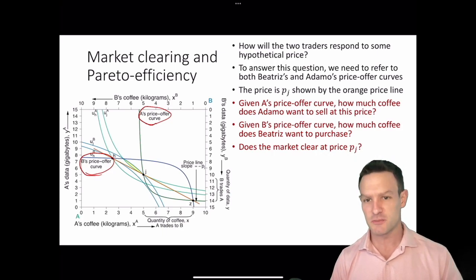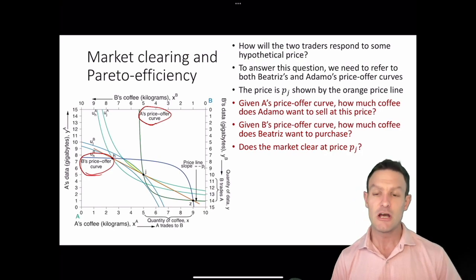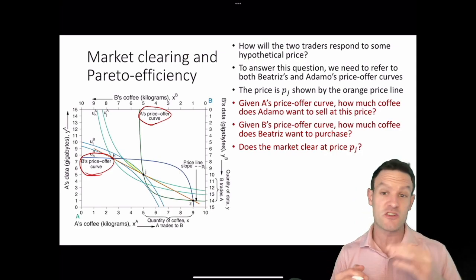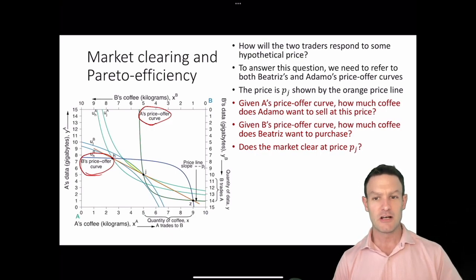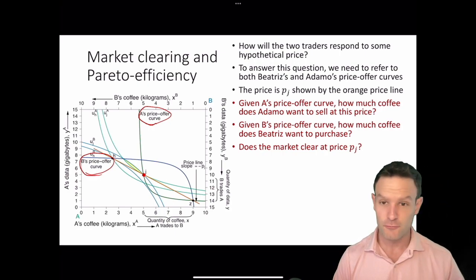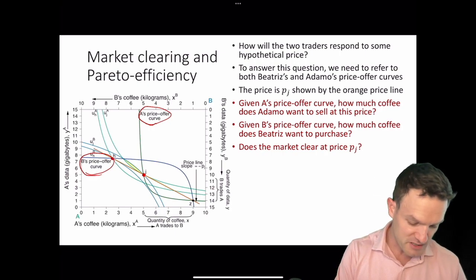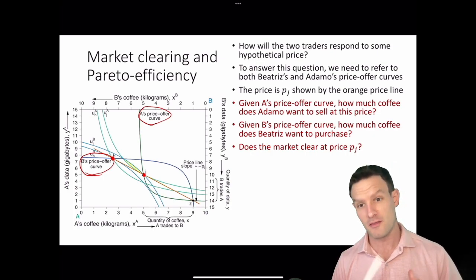Now, in order to understand each person's best response to this price, we have to find the point at which that price intersects their best response function, their price offer curve. So let's find those points. It is at point J for Adamo, and it is at point H for Beatrice. The first thing to note is that these are not the same point.